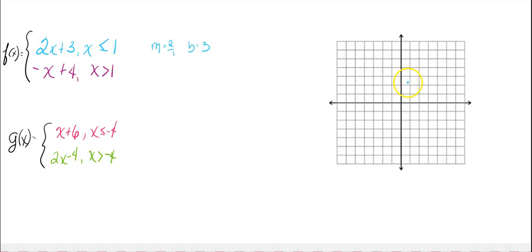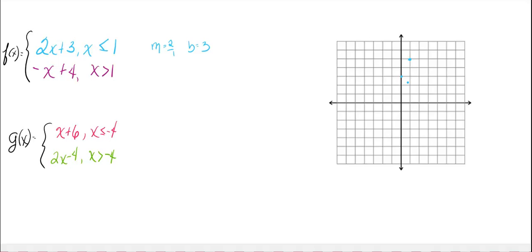Now my y-intercept is the point (0, 3). Don't forget, because on the y-axis all the x values are 0. So that means x is less than 1 here, so I know that my y-intercept is going to cross the y-axis here at the point (0, 3). Okay, and its slope is rise 2, run 1. And I can do that up until the point where x equals 1, and it includes 1.